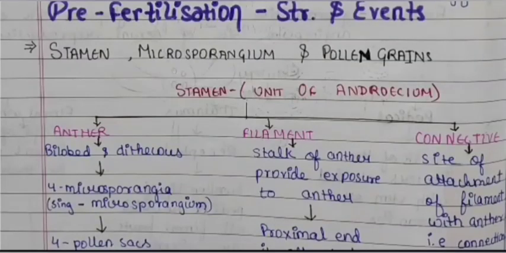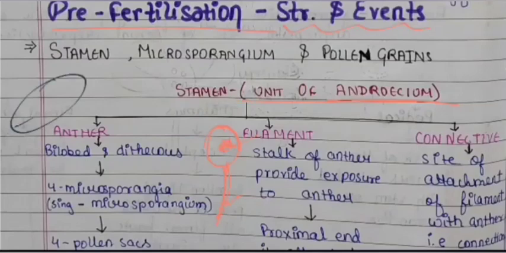Now let's start with another topic, that is pre-fertilization structures and events. In the case of the male, the stamen in a flowering plant is a unit of the androecium. The stamen is the male part, as we have discussed earlier, which consists of anther and the filament. Inside the anther there is a connective, a middle tissue.